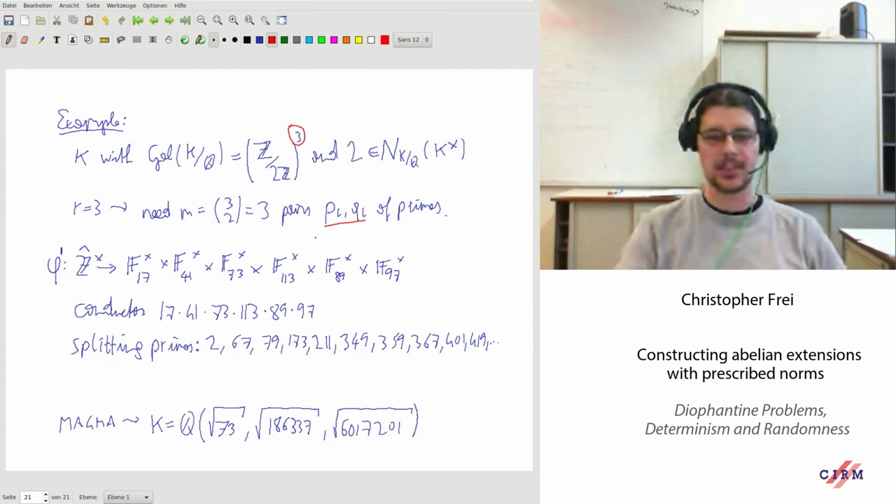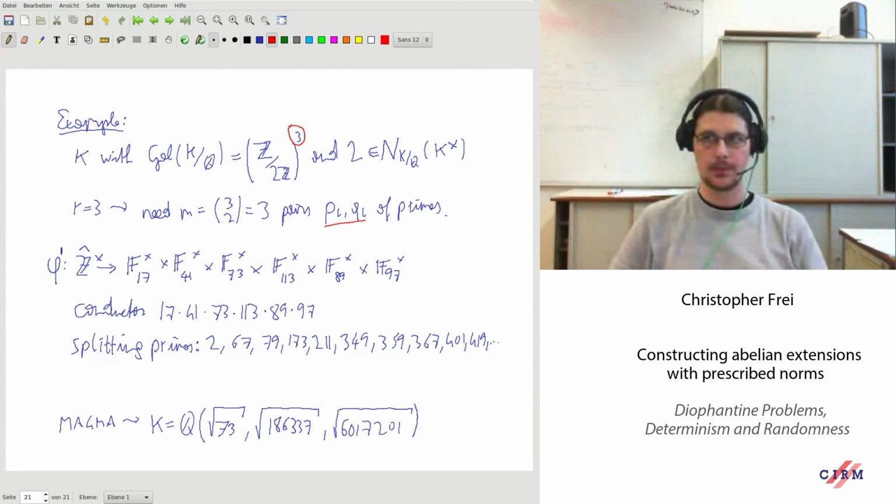And these pairs of primes should satisfy these various conditions that we've discussed. So here are the primes: 17, 41, 73, 113, and 89, and 97. So that's P1, Q1, P2, Q2, P3, Q3. And that's the homomorphism specifying my extension K.